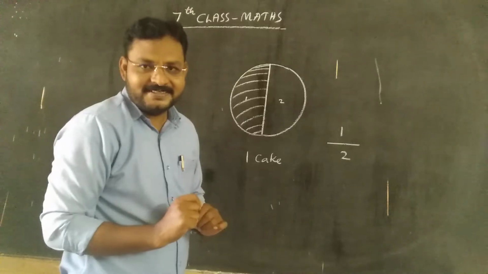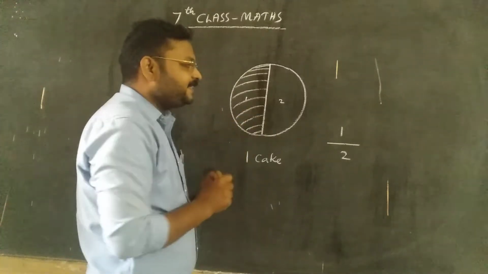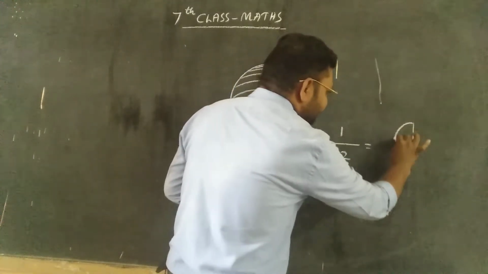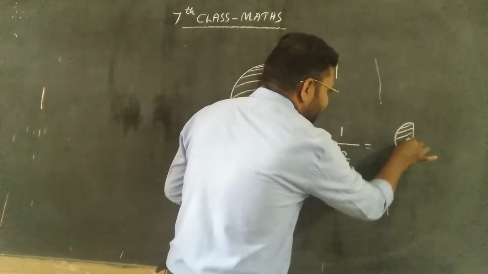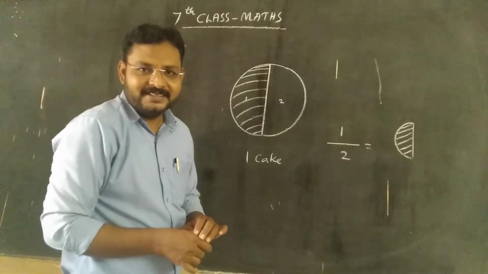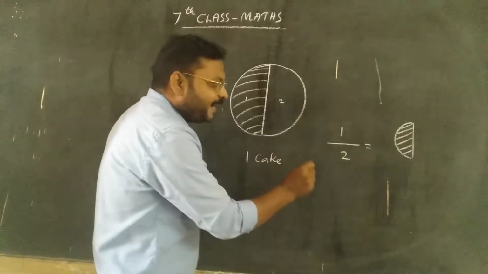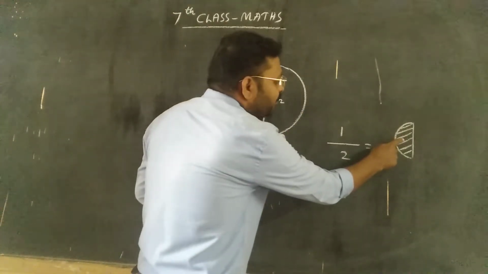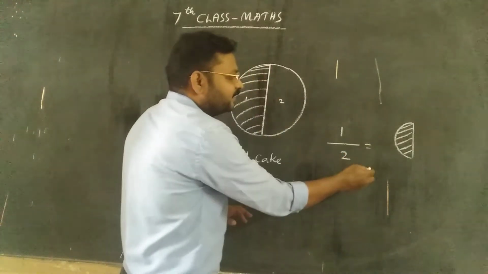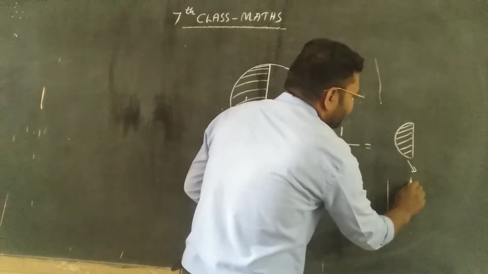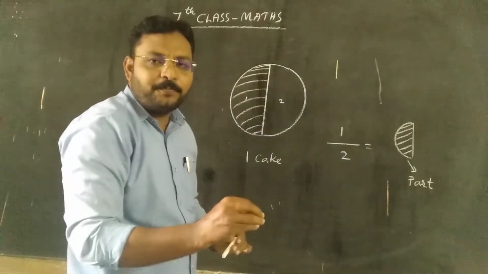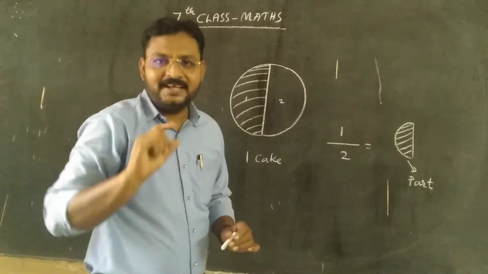Did you understand this? This 1/2 we can represent in this way also. This is called 1/2, children. Again we call it a part of a whole. It is just a part. So children, we are naming this part a fraction.